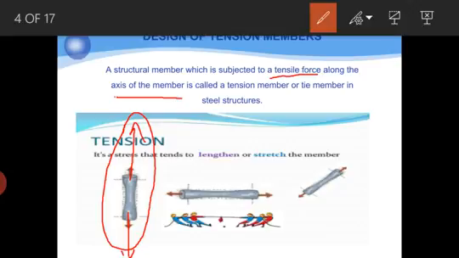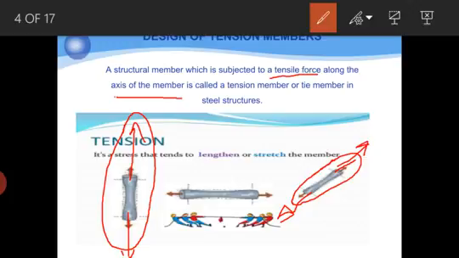A member which is being subjected to two opposite tensile forces, making the member elongate, and the member becomes thinner and thinner. Hence, a stress that tends to lengthen or stretch the member is called a tensile member. And the design of such members is called the design of tension members.